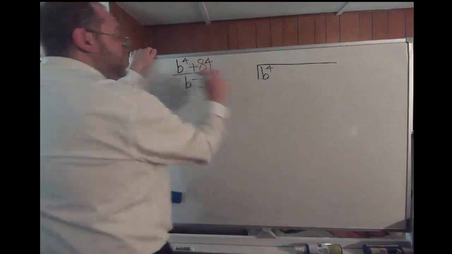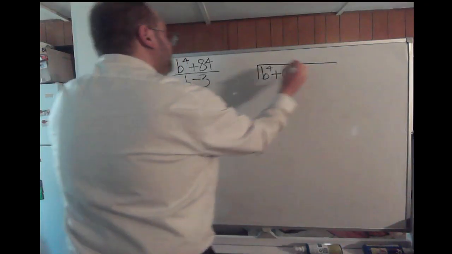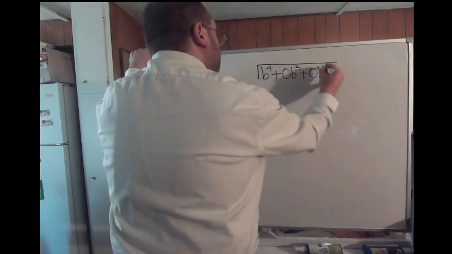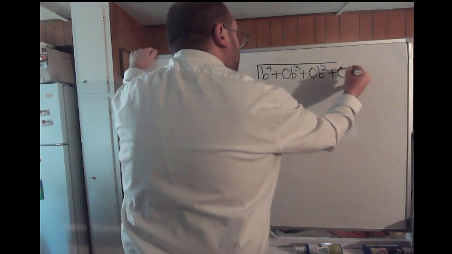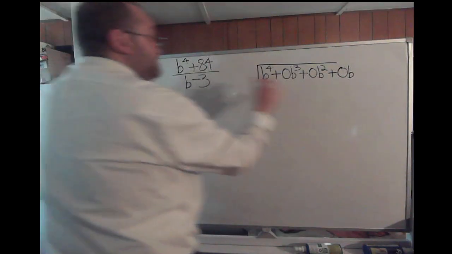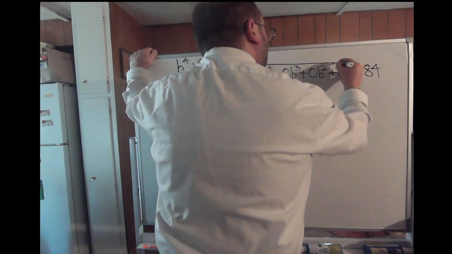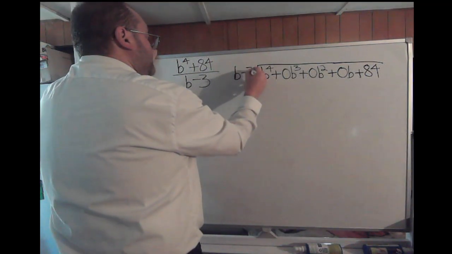Now you have no b to the third, so that would be plus 0b to the third. No b to the second, so that would be 0b to the second. You have no b to the first, so that would be plus 0b. And then you have plus 84. All that divided by our divisor of b minus 3.